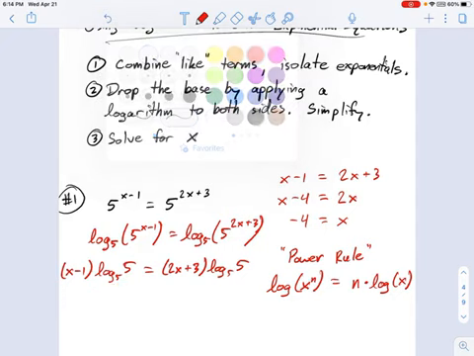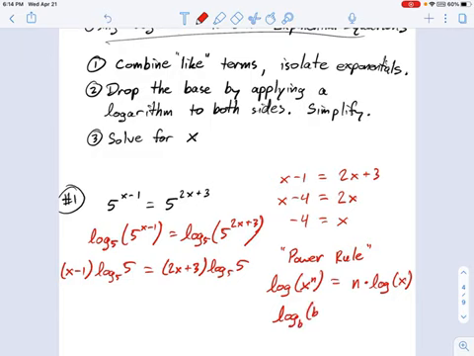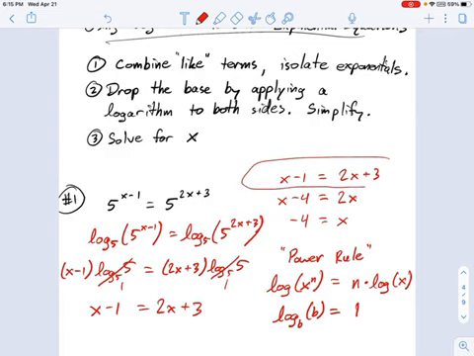You don't need to divide by anything. Remember, log base b of b, regardless of what b is, will always equal 1. So those cancel out. Those are each 1. Anything times 1 is just itself. So this becomes x minus 1 equals 2x plus 3. And now we are basically ready to solve this equation for x.